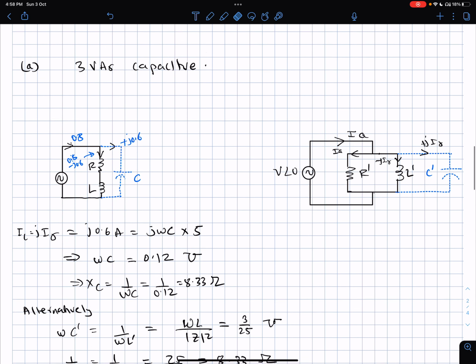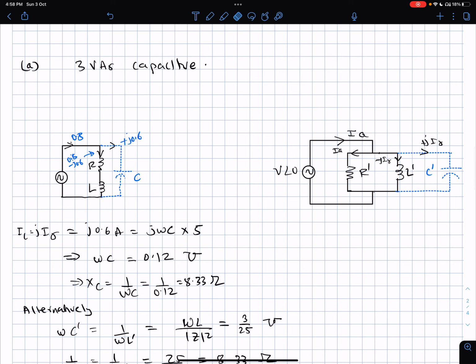So, another way of showing the same concept is that I had this R dash and L dash as the equivalent parallel combination. I could have shown the load this way. Now, this draws IA, this draws minus jIR current. Now put a capacitor C dash here so that it draws jIR current, cancelling this particular current.